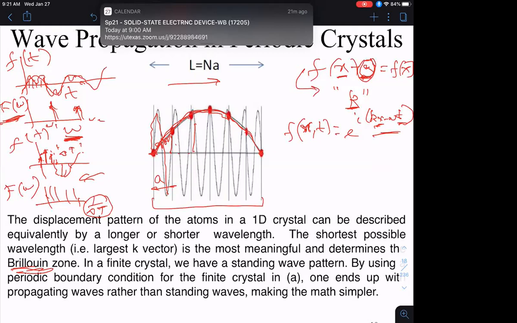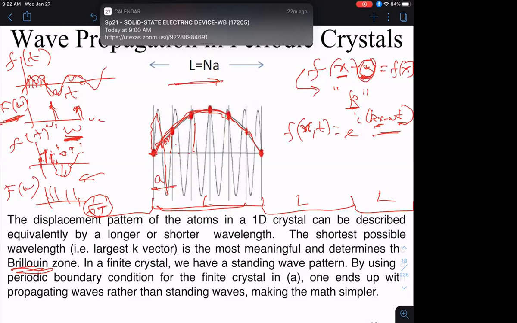So what I do is I take this finite crystal and artificially map it like so in all space, okay? So if the length of the crystal was L, I take the same crystal, map it by L, 2L, and so on and so forth, so that now it becomes essentially an infinite crystal mathematically, in which I can have traveling waves propagating, and it makes the mathematics simpler.